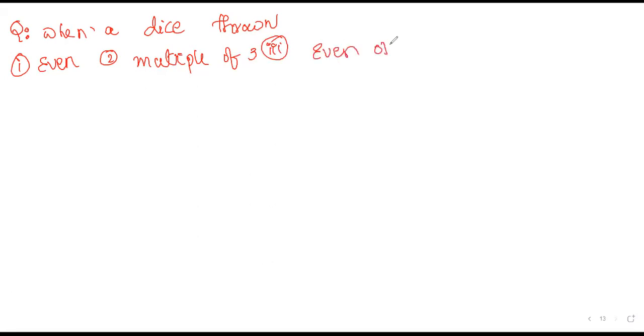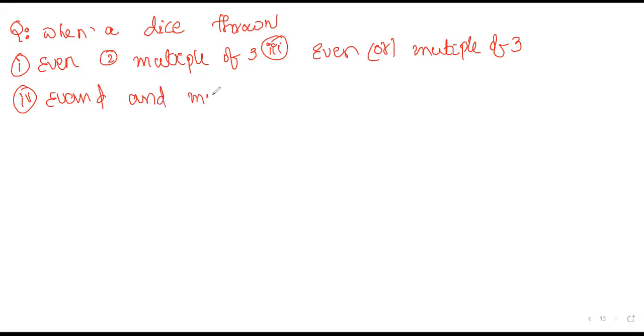Then question number 4, even number and multiple of 3. Then question number 5, a number 3 or 4.